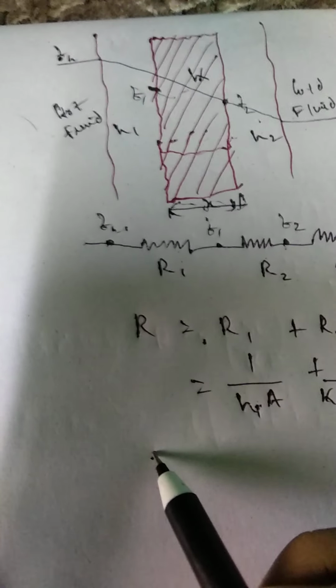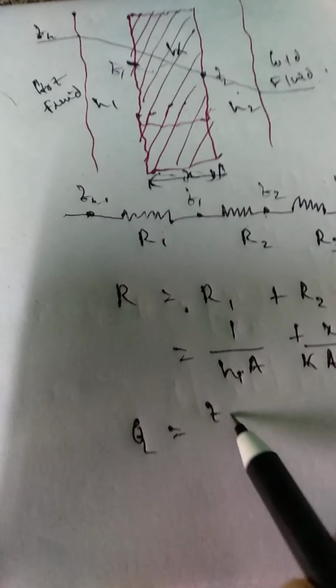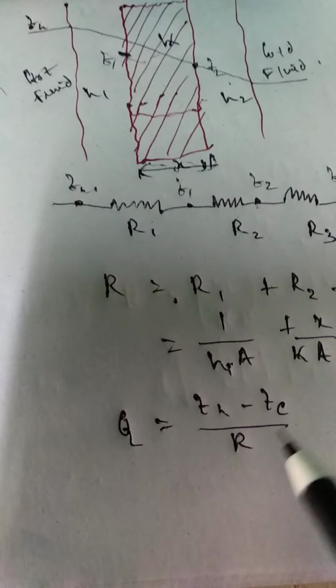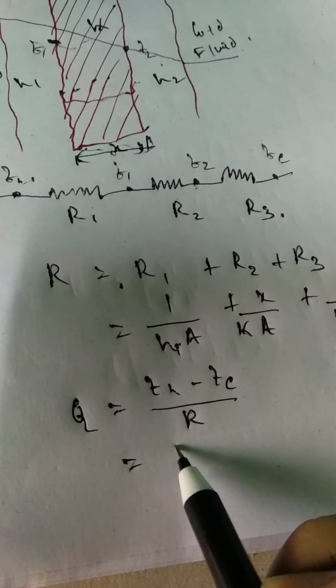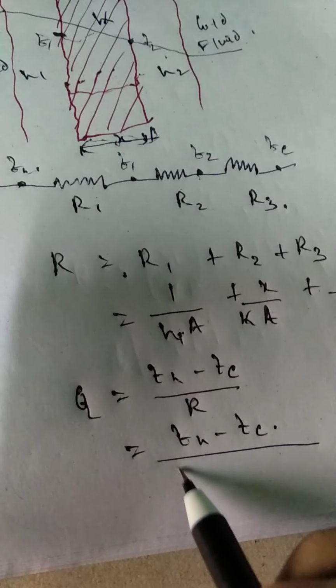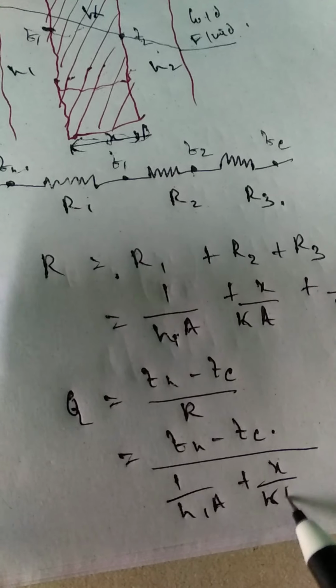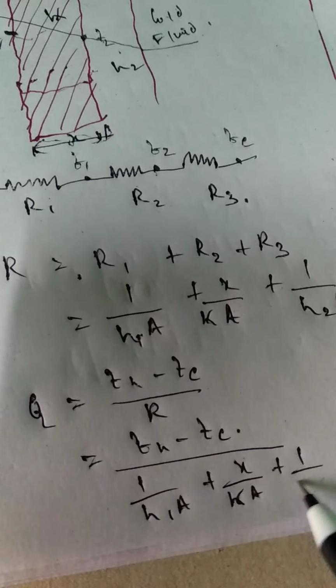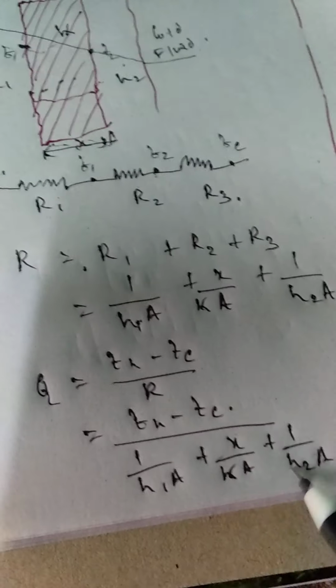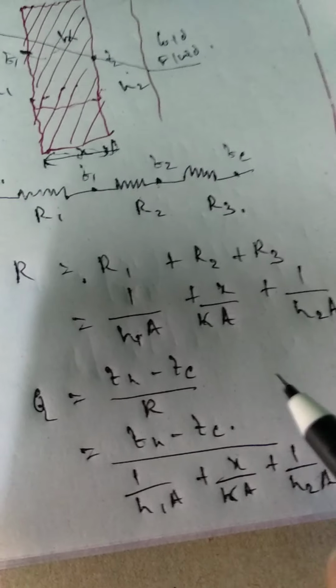Now the heat flow through this circuit will be the temperature difference Th minus Tc by the overall thermal resistance. So this will be the heat flow rate.